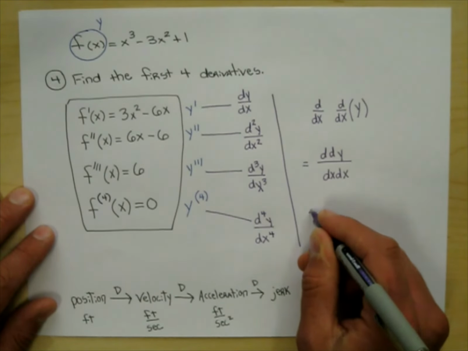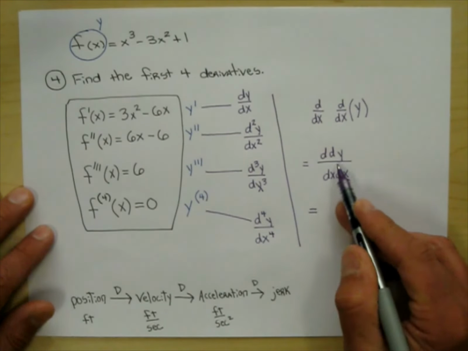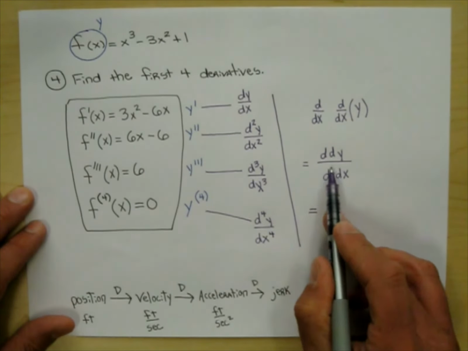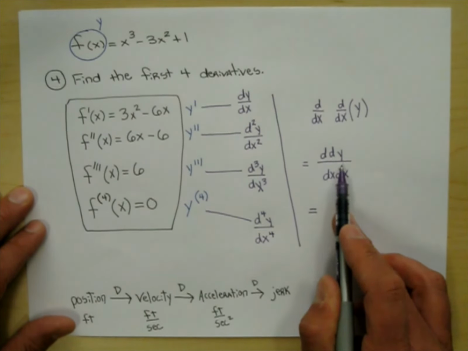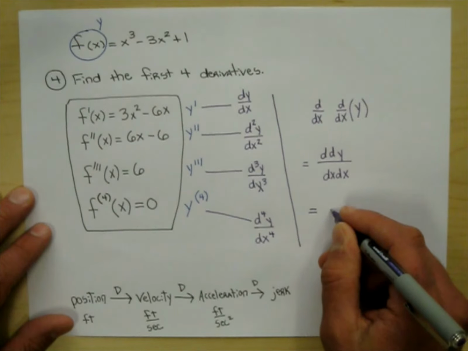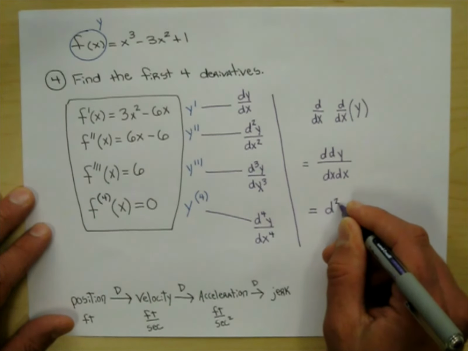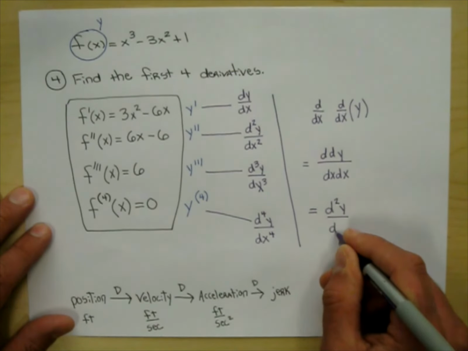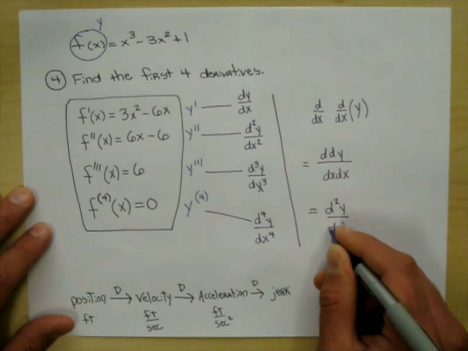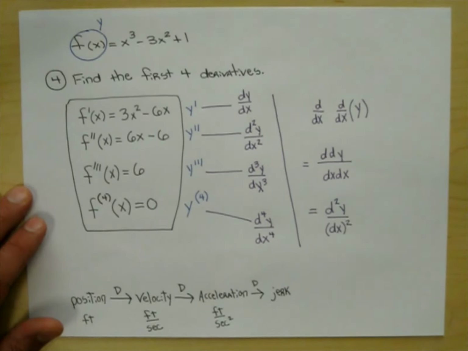Well, then they go, hey, especially if we had like the seventh derivative, we don't want to write d, d, d, d, d, d, d. So they would go, well, why don't we just use an exponent? So d squared y. And then we'll just use an exponent on the bottom, dx quantity squared.